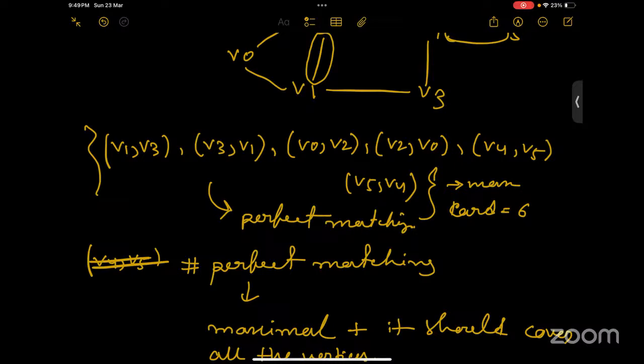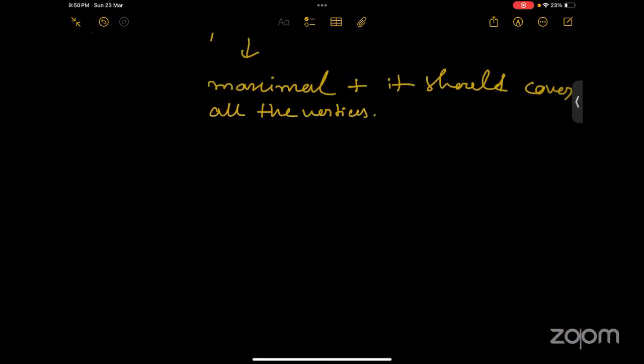So we have to find a combination which is both a maximal matching and has every vertex covered at least once in the subset. This is called the perfect matching. So maximal matching exists for all graphs, but perfect matching may not exist.